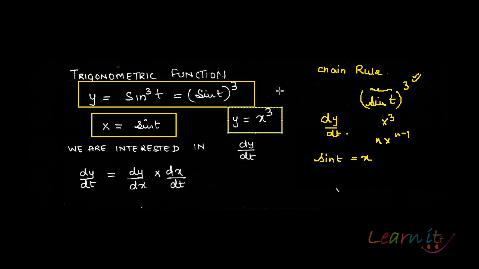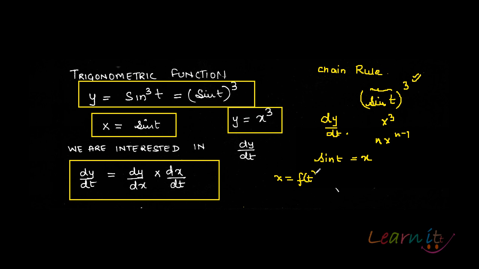And just think about it logically mathematically. If I have to reach dy by dt and I have an x in between, how do I put it? I have an x in between, x which is a function of t, and y is a function of x, okay.